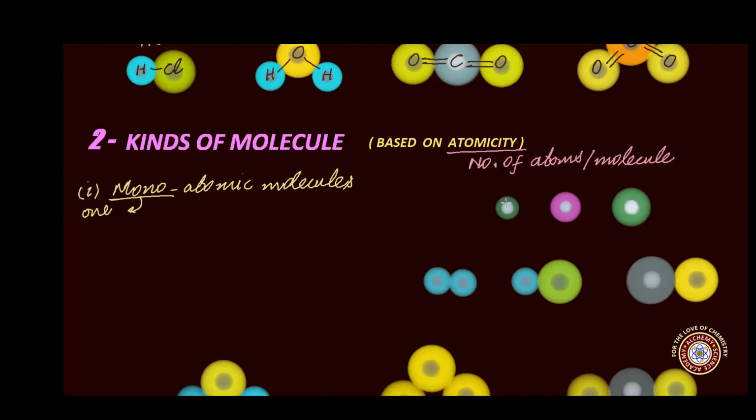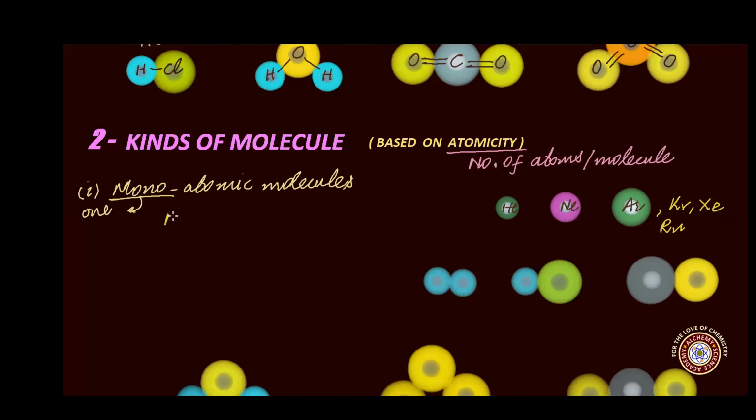These are the molecules which are the atoms of noble gases. For example, this is helium. Since it can exist independently in nature, it is a molecule, and as it consists of only one atom, it is an example of a monoatomic molecule. This is neon, and this is argon. Similarly, krypton, xenon, and radon are all examples of monoatomic molecules.